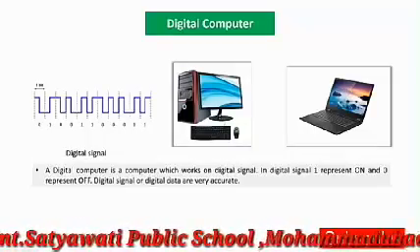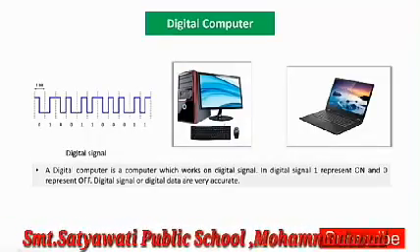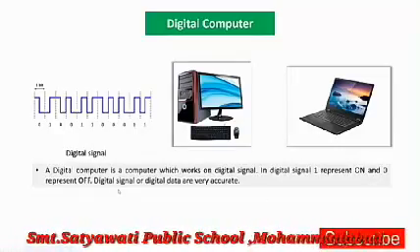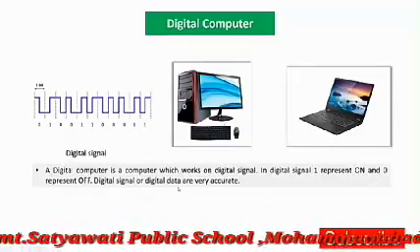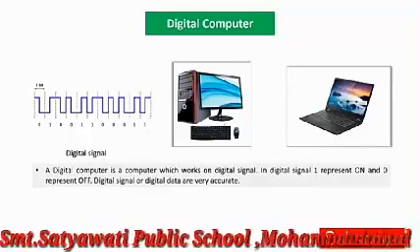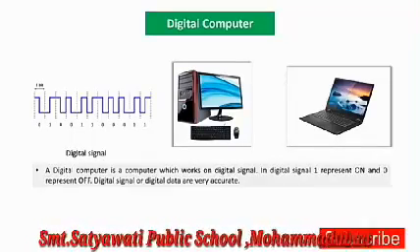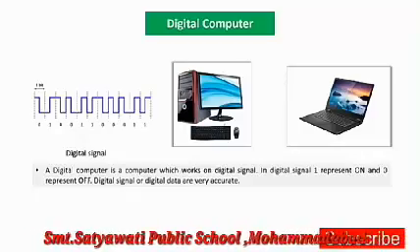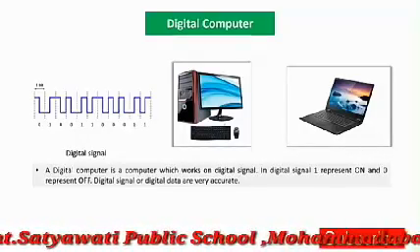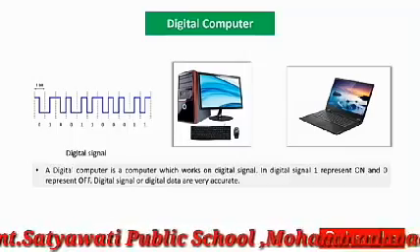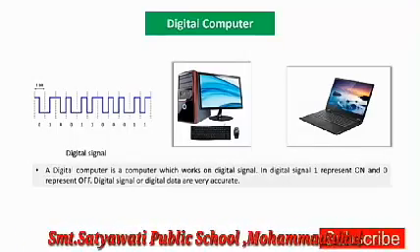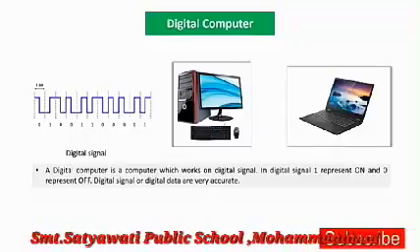A digital computer is a computer which works on digital signal. A digital signal or digital data is very accurate, understand it. Okay, so the computers that we are using in today's time, the general purpose computers, normally come under the digital computer. Basically we are in the digital era, and any gadgets we're using right now are digital computers. Okay, so that's the digital computers.